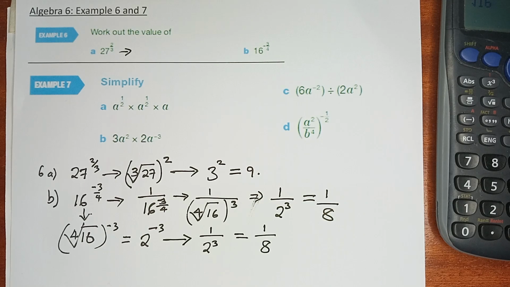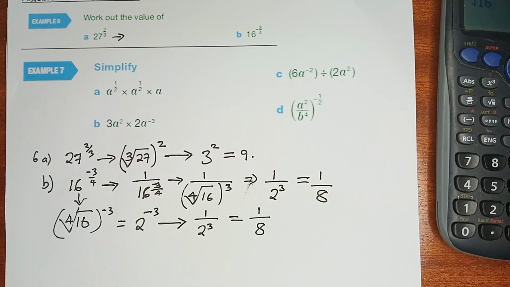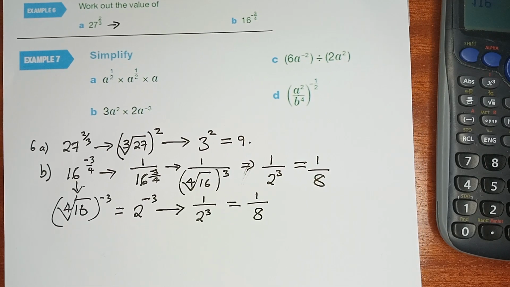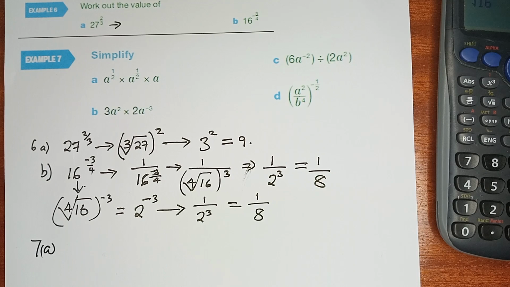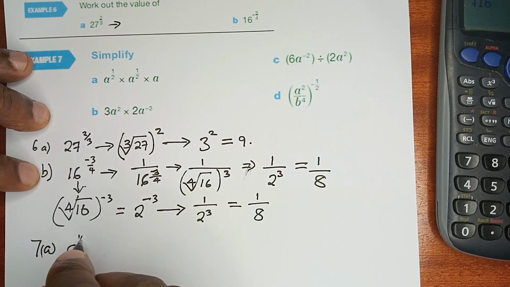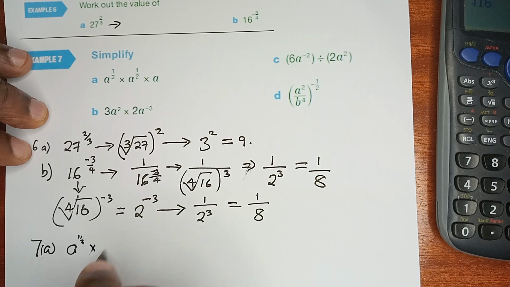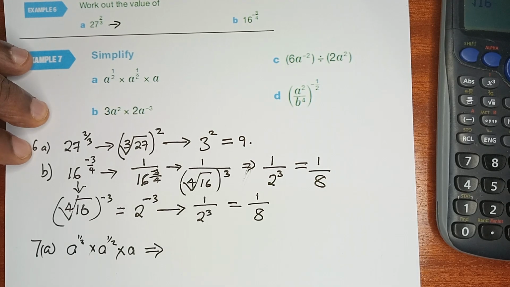Let's now go to example 7. Example 7 has part A and part B. In part A, as you can see, we have a raised to power a half times a raised to power a half times a. This one we just use law 1.